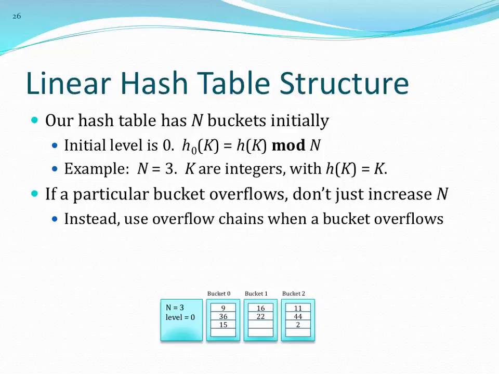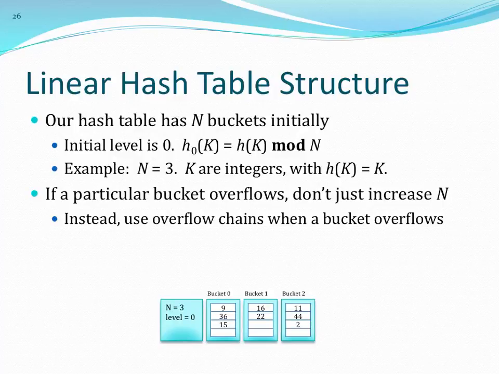But like it says here, if a particular bucket does overflow, we don't really do anything about it immediately. Instead, we just note that we're going to have to do something about this in the future. Let's say that bucket 2 overflows, we start adding values, and bucket 2 gets too full. Then we go ahead and roll with it.